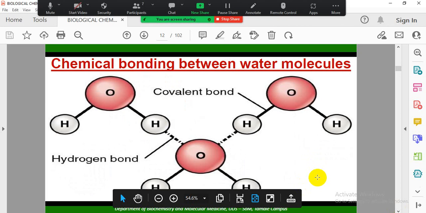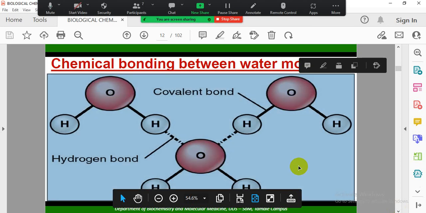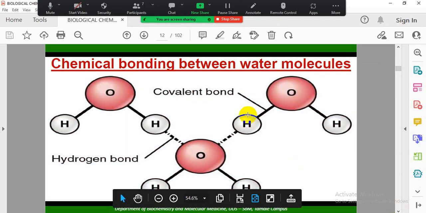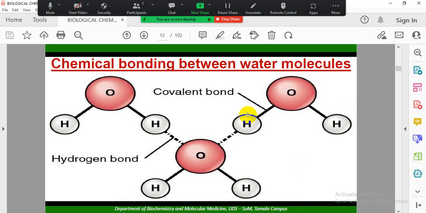So let's also see this chemical bonding between water molecules. For the oxygen and the hydrogen, there is a single bond, which is a covalent bond.